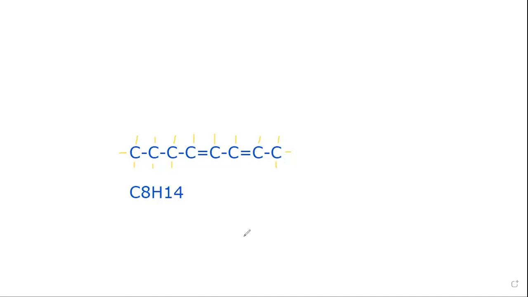Yes, correct. If I put a next double bond, let's say here in between these two, I will lose 2 more hydrogens. Notice that if I don't, then this carbon would have 5 bonds, and that's not supposed to happen.